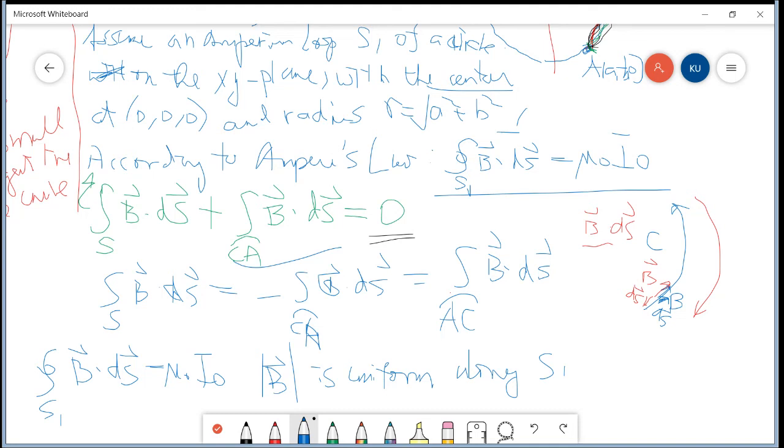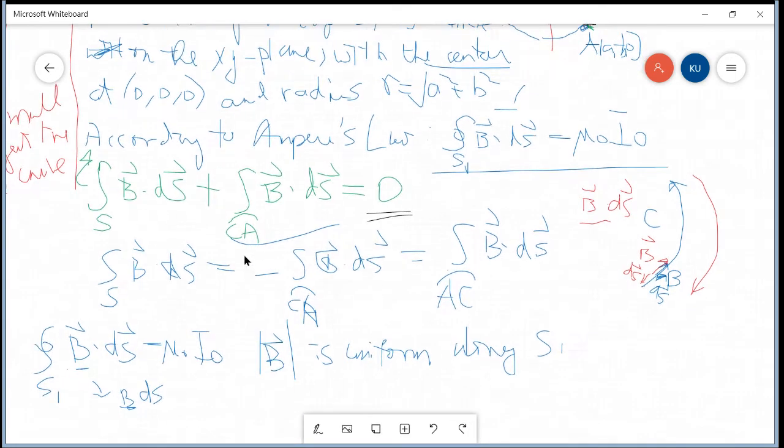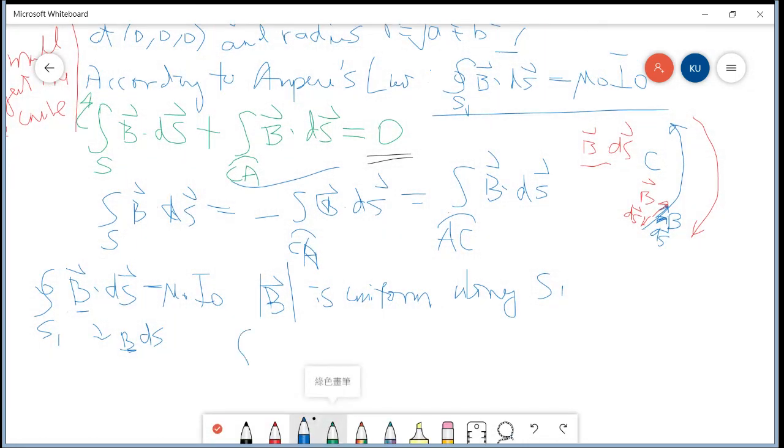But B and ds are also in the same direction, and it will become B ds, and B is always a constant along this path, which means that when we consider the B ds along the arc AC, it should be proportional to this line integral.